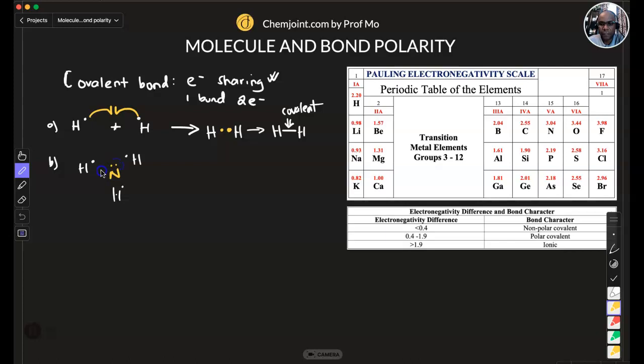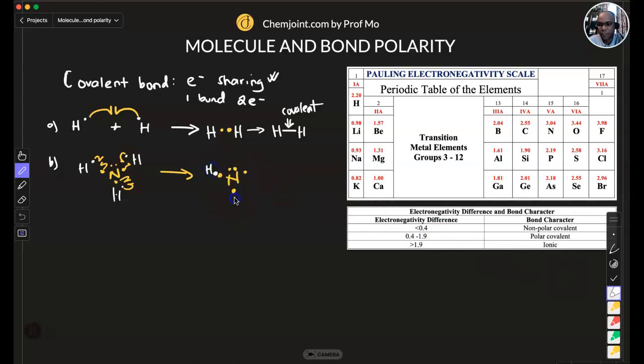So again, fishhook arrows, where they meet up and combine, you will get a bond. In this case, nitrogen is going to be in the middle, and it's going to have two electrons that are not bonded, and then the other three will be shared with the hydrogens.